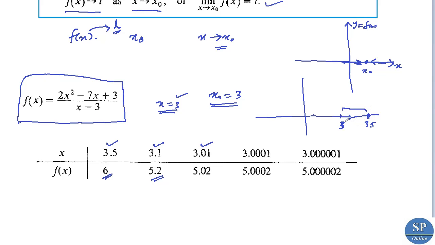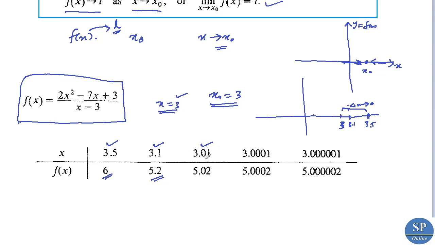First we take the distance delta x as 0.5, then we decrease this to 0.1, that is 3.1. Now we are decreasing delta x, trying to make delta x tend to 0. So decreasing this length, we can use the next point 3.01.